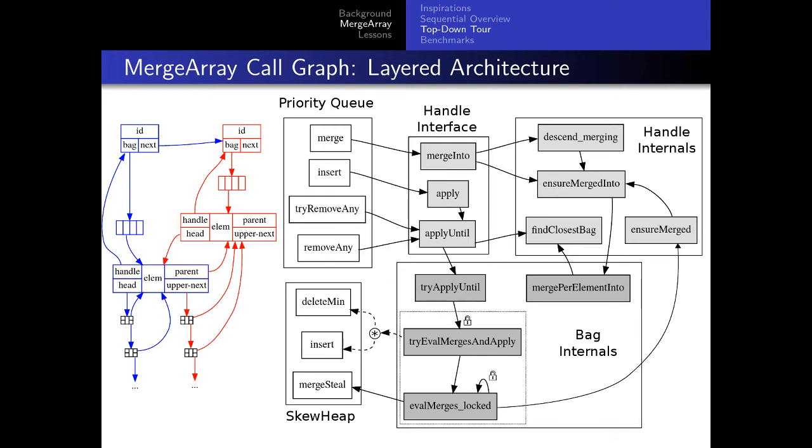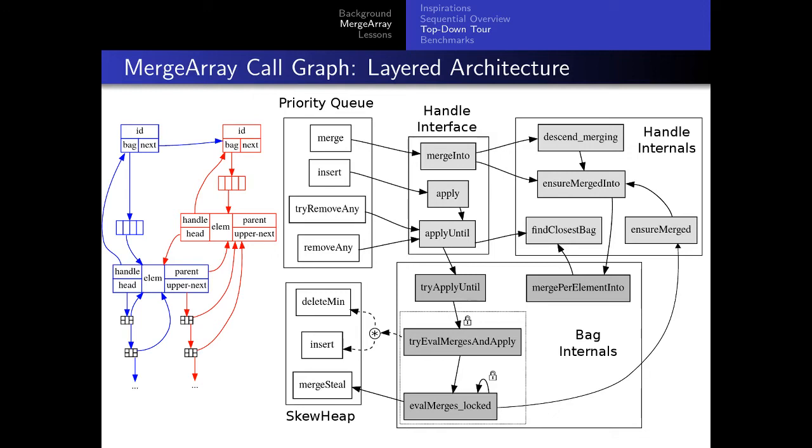So if you're going to do an insert or a remove any in your high-level priority queue, there's sort of a generic apply and apply until method. That takes in like a delegate and gets you to a state where the thread is given one of these heaps at one of these indices to apply its method to.